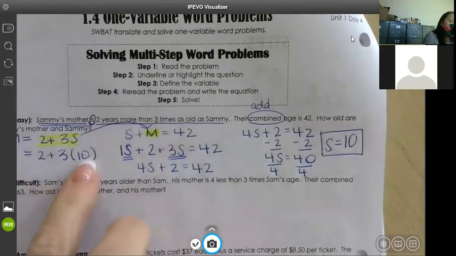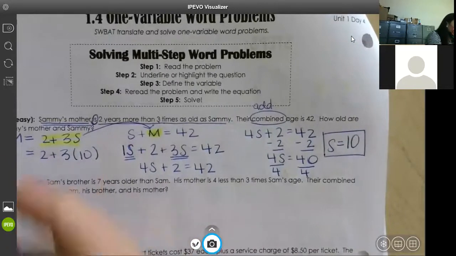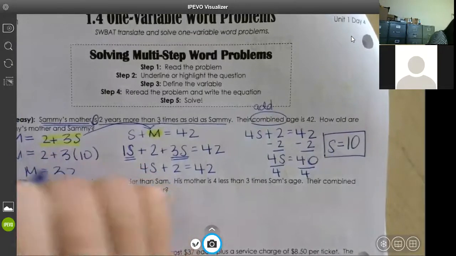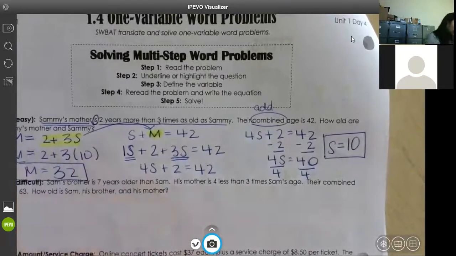What's 3 times 10? Plus 2. So mom is 32. Okay. That's almost a little above what we're trying to do today. It gets a little bit easier than that. But what they want you to do is be able to write an equation from words. That's it.